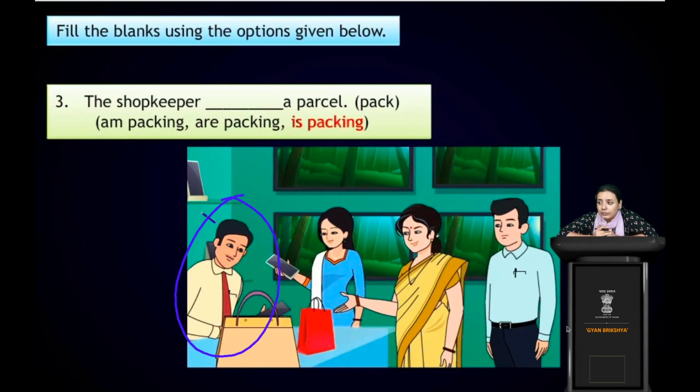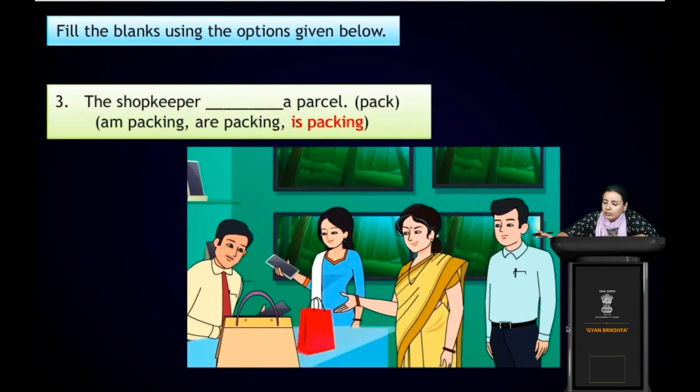There is no plural form here, there are no shopkeepers, right? He is the only one shopkeeper, so he is packing. He is the single person, so we have to use the single form only, that is is, and we cannot use are. If here it's written shopkeepers, then we can use are. Clear? So here it's a single person, so we are using is. Then verb plus ing, that is pack plus ing, packing.